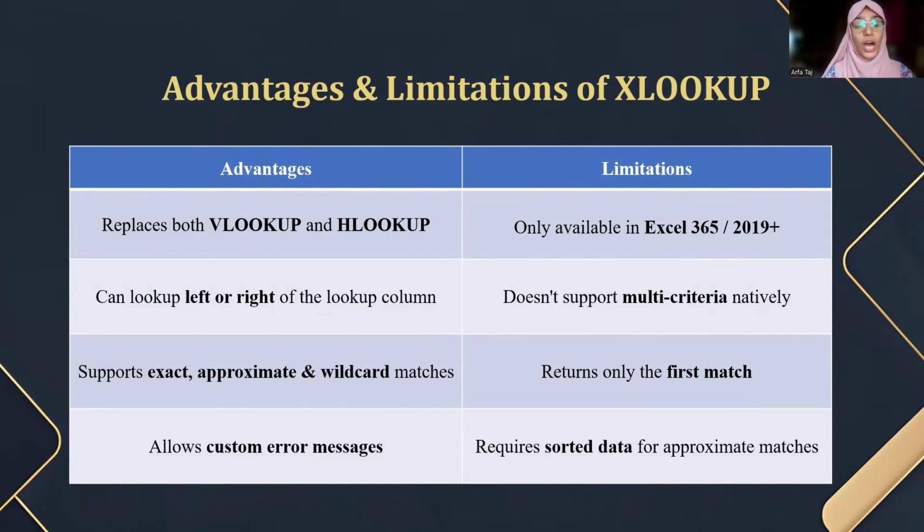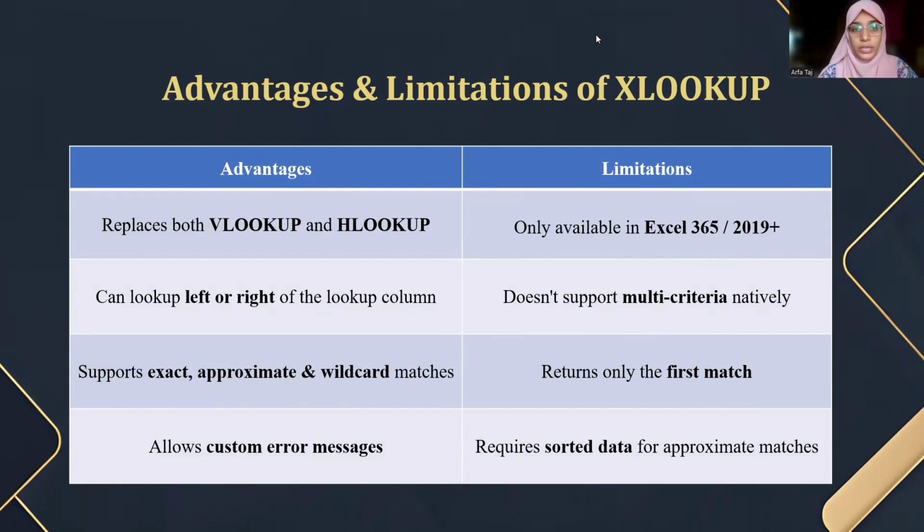For example, when the same employee name repeats two or three times in the table, and you try to find the details of that employee, only the first match is returned. It also requires sorted data for the approximate match.